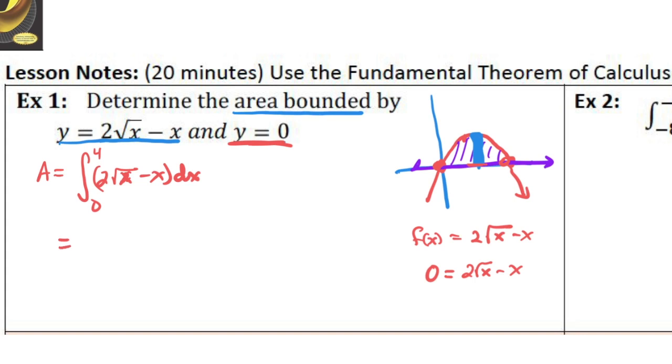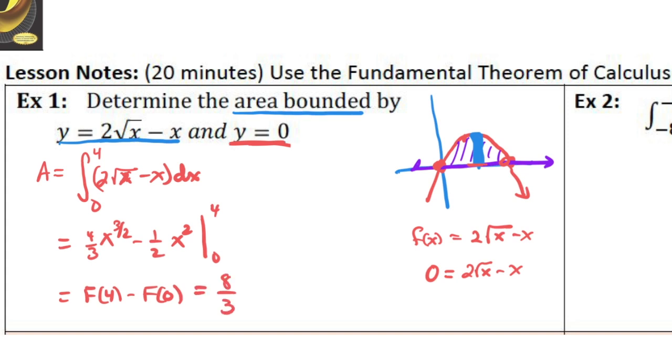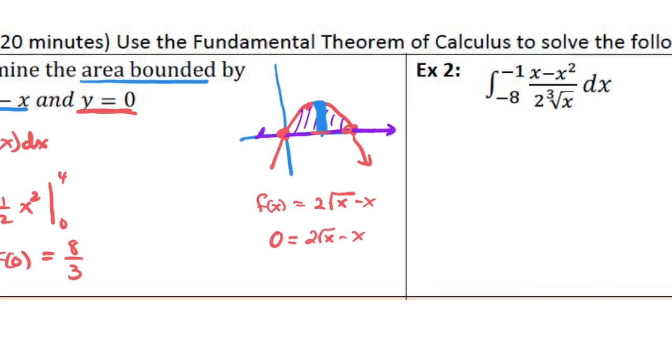We need the antiderivative, and we'll come up with our nice little 4/3 x to the 3/2 minus 1/2 x squared. And we're going to evaluate this from 0 to 4. Now, the fundamental theorem of calculus is just substituting f at 4 minus f at 0, which you've been practicing in your homework, and you will come up with 8/3. So the area bounded by our 2 graphs is 8/3.